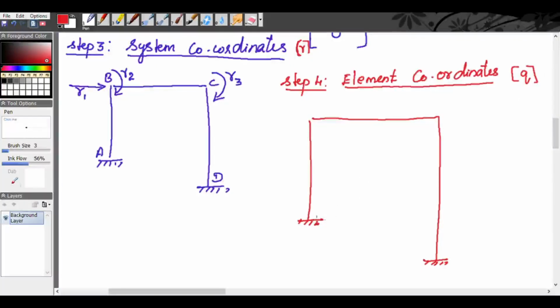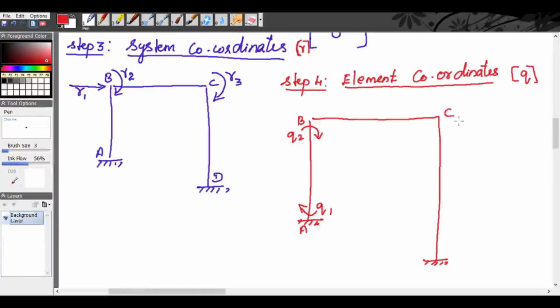We initially assume clockwise moments. Along the element AB, we have element coordinates q1 and q2, both clockwise moments.